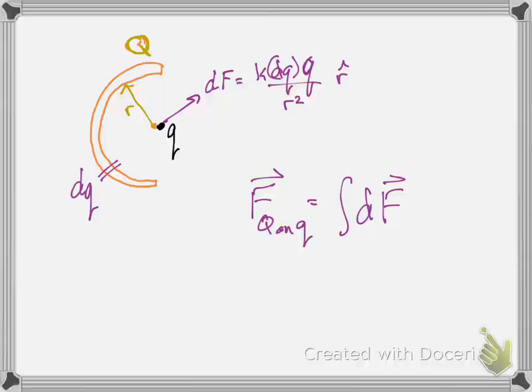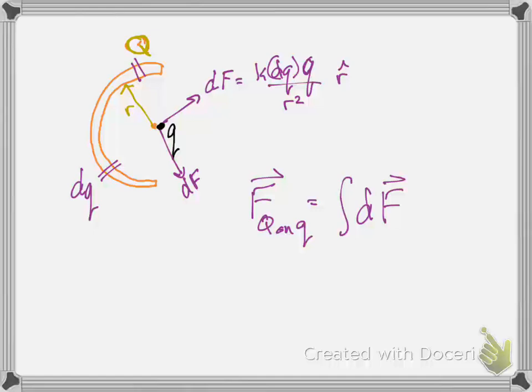If I have a dq up here, it's going to have a dF down here with the same magnitude but a different direction. So what changes is the angle, the direction.